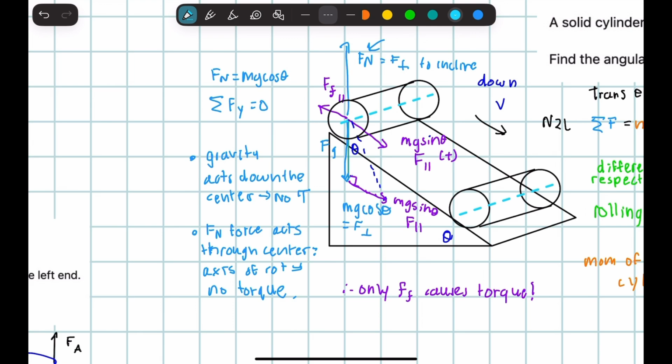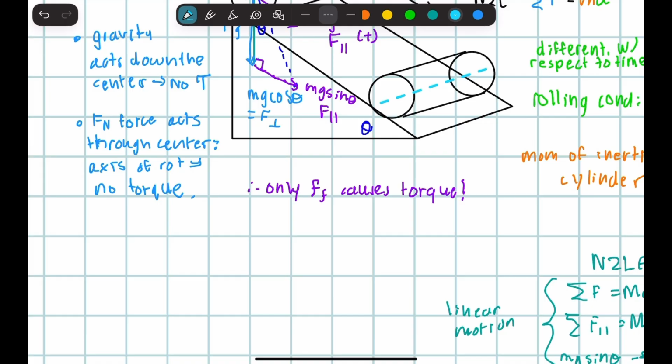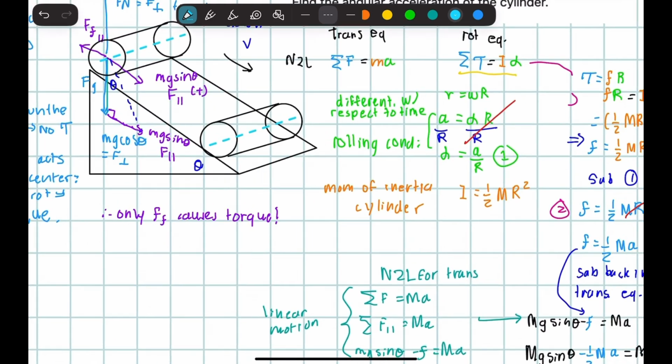Just visualize that: you have a cylinder, and gravity is always going to be cutting down right in the middle of it. Therefore, because it acts down the center, there's 0 radius from the axis. That means there's no torque, because you just multiply 0 times sine of theta. And Fn also acts through the center, so there's no torque from the normal force as well. That means only the frictional force causes torque.